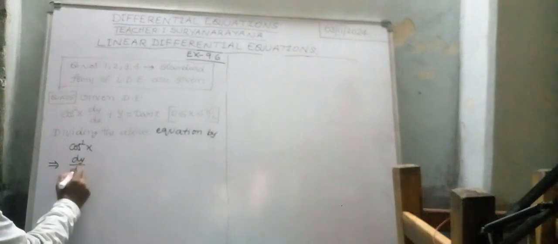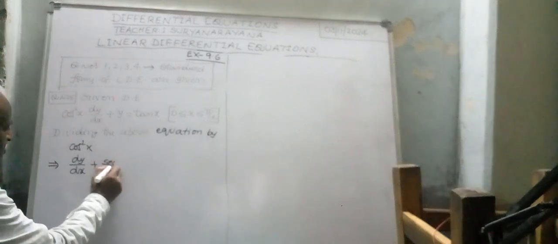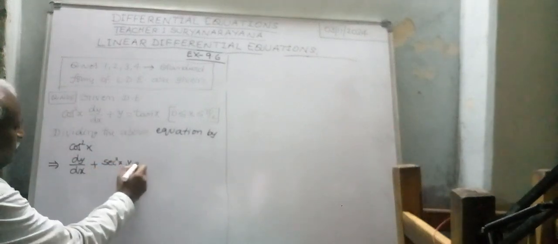Dividing the above equation by cos square x, what will you get? dy by dx plus y by cos square x, that is plus secant square x into y, is equal to tan x by cos square x.